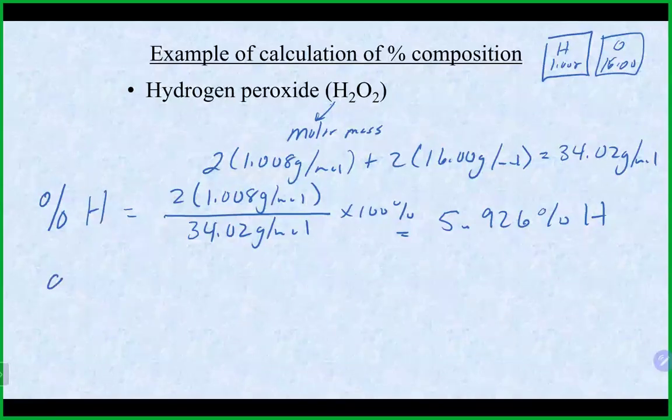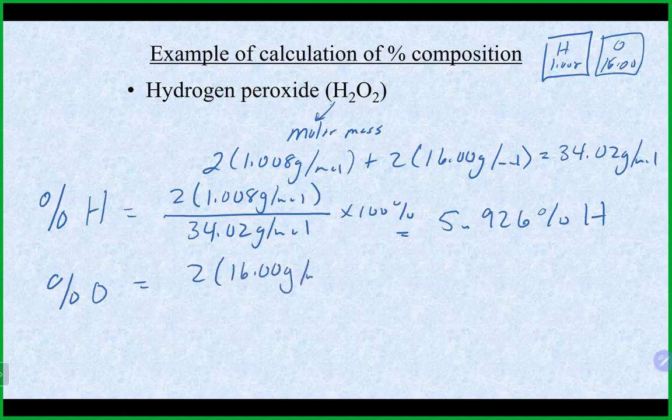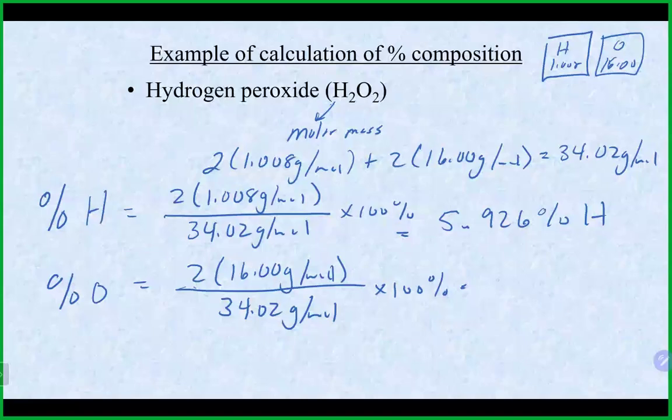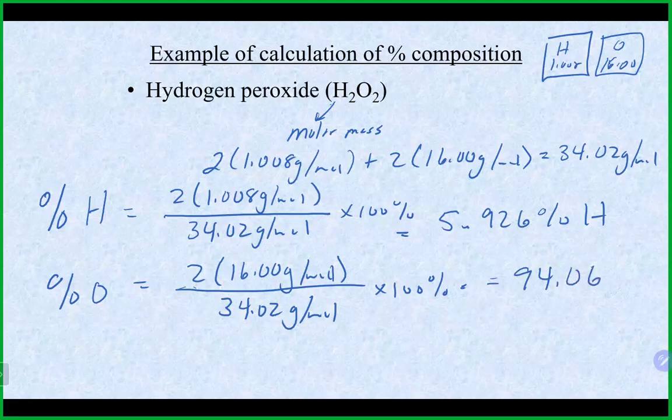We could do the exact same thing here for our oxygen. There's also 2 oxygens in that formula, so we'll take 2 times the molar mass of oxygen, which gives us about 32, divided by the molar mass of the entire compound, which is 34 and some change, times it by 100%, and that's going to get us 94.06 percent.